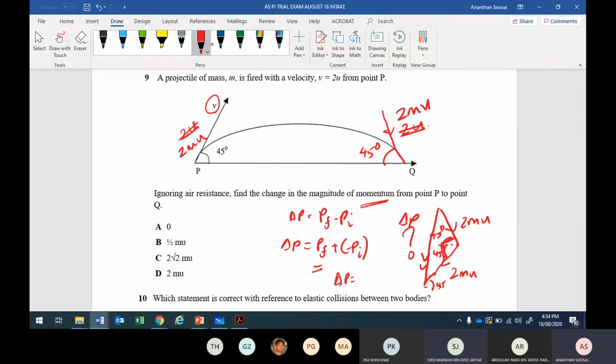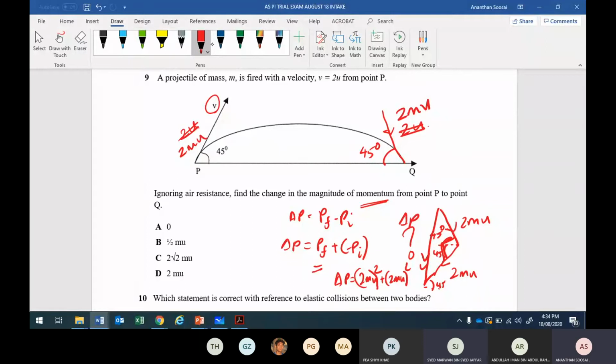Changes of momentum is (2mu) squared plus (2mu) squared. Finally, you get what? 2mu squared, 2mu squared, 4, 4.